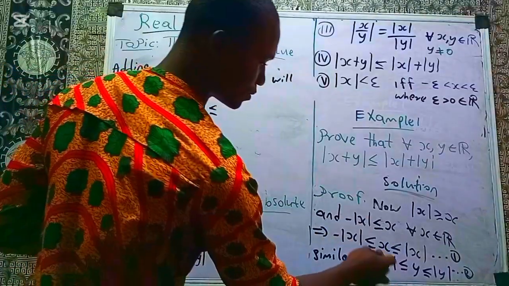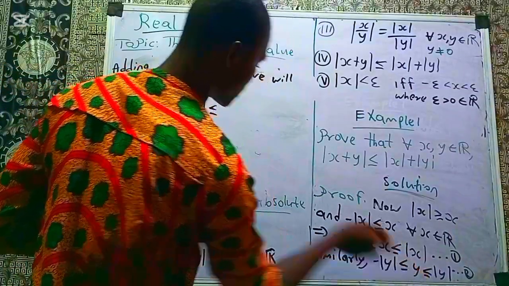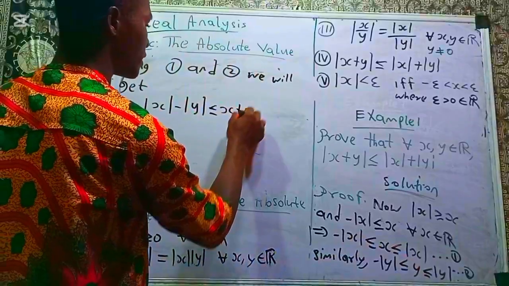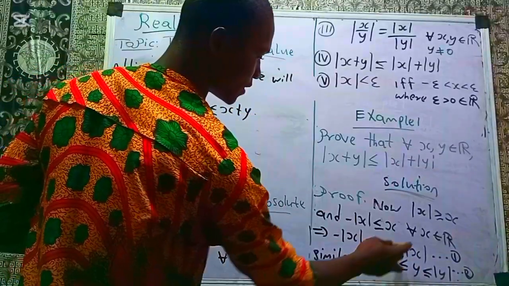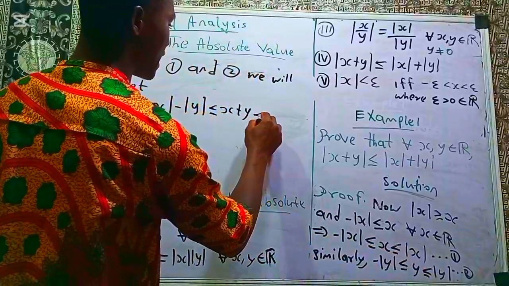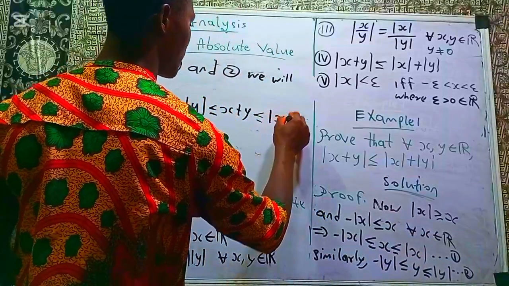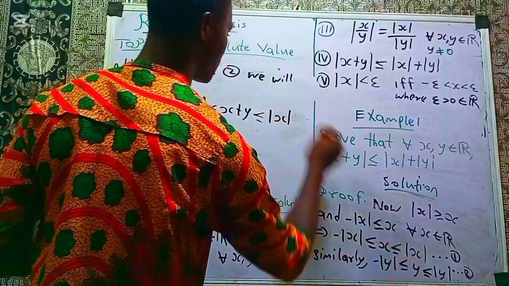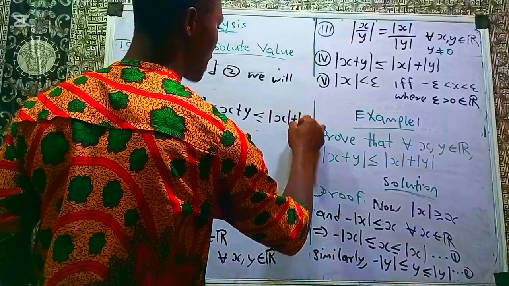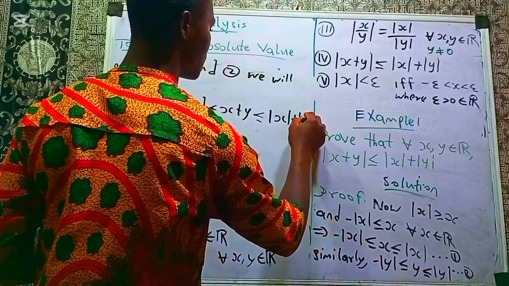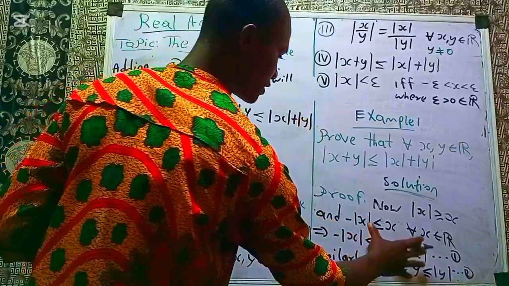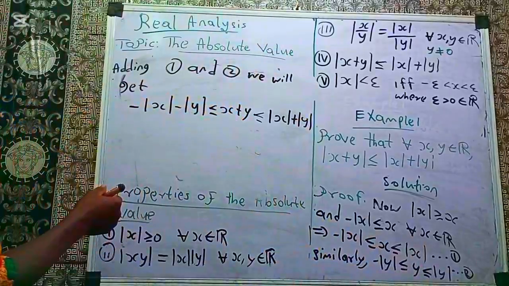Then let's add the middle. The middle we have here is x and y. That's x plus y. Then next we have less than or equal to. Then at the ending of both inequality, we have absolute value of x at the first inequality. Then we add it to the second one, absolute value of y. So we have added these two inequalities, right?